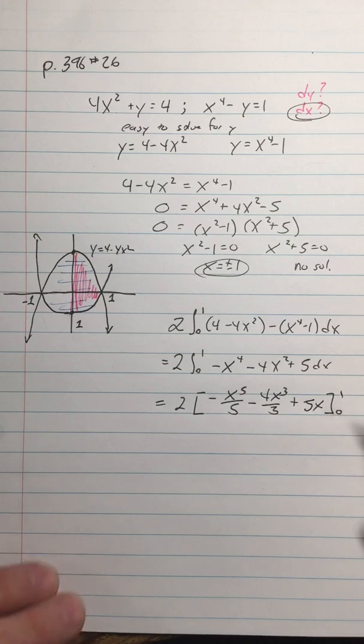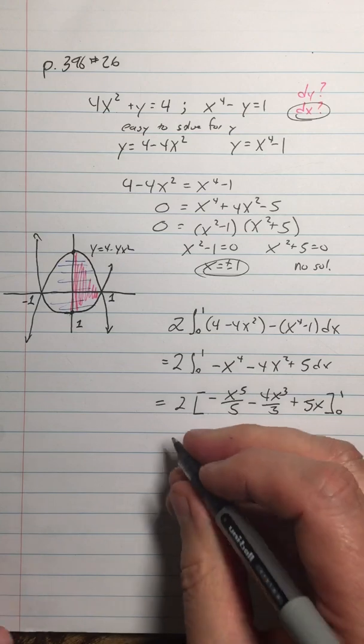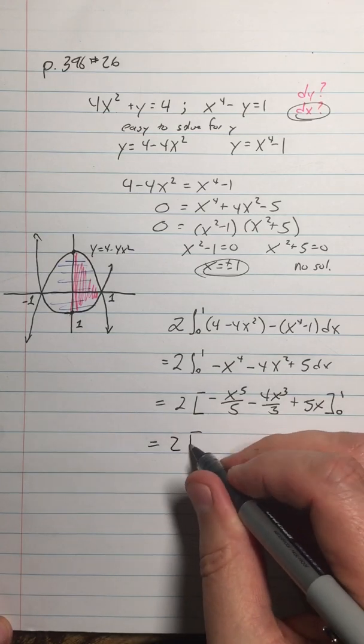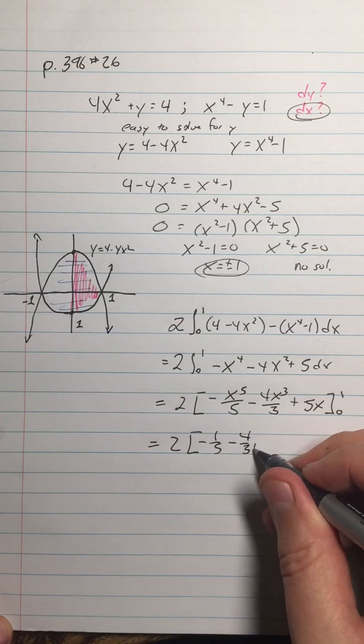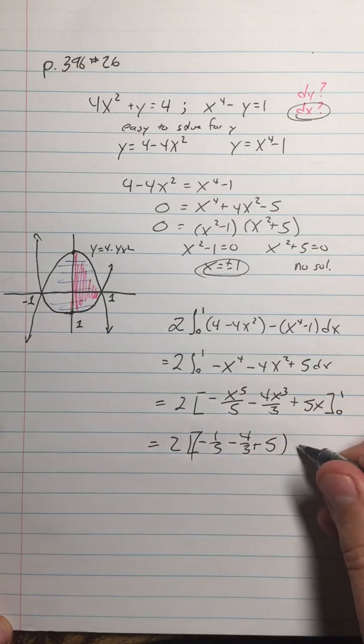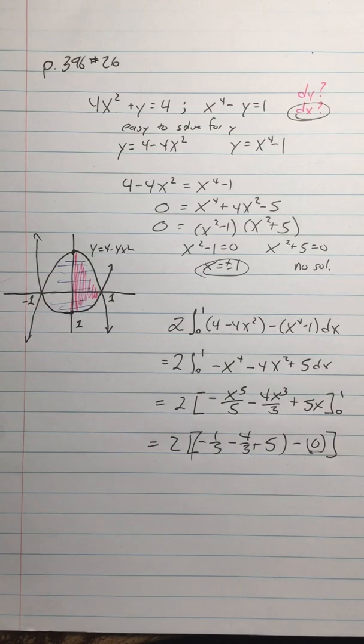It looks terrible, but because you've taken advantage of the symmetry, all you're plugging in is 0 and 1. When I plug in the 1, it's just negative 1/5 minus 4/3 plus 5. That's plugging in the upper limit, and the lower limit just gives me 0 because these are all 0. So that's the advantage of using symmetry.